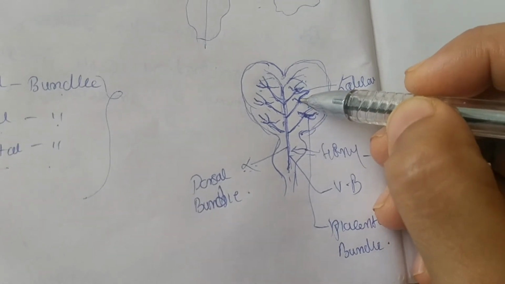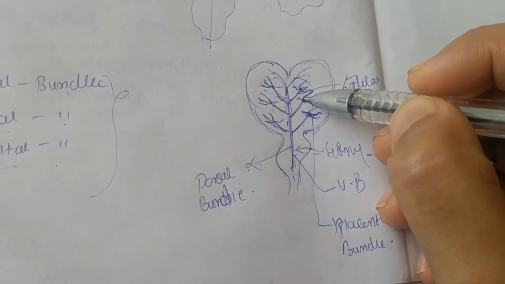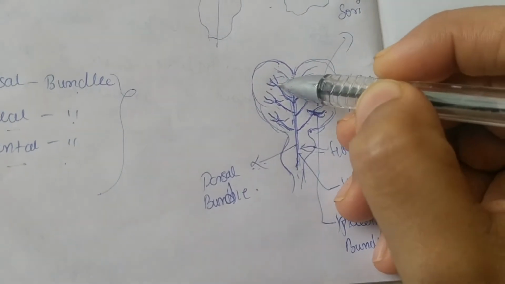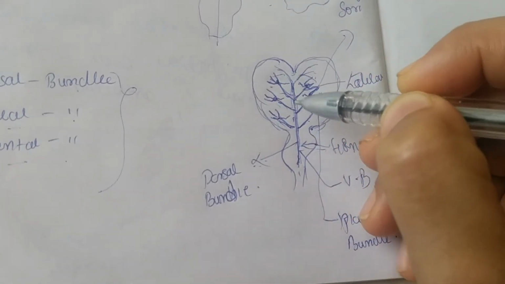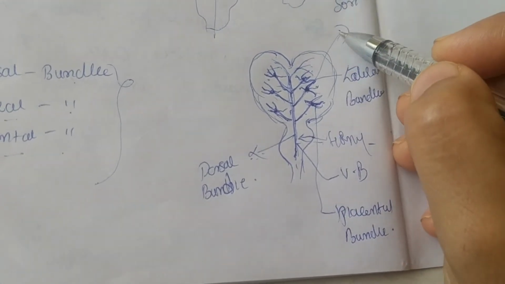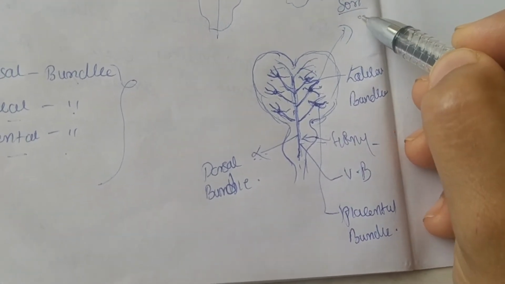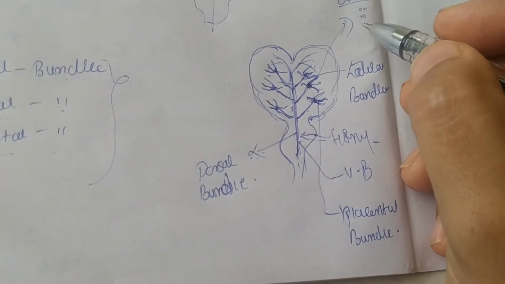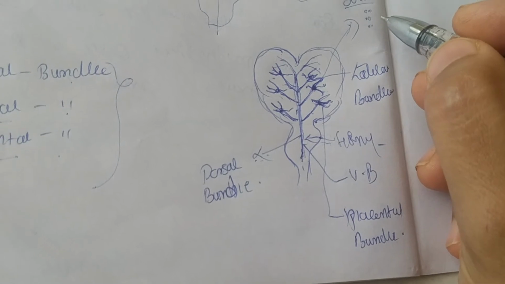What is present in the center of this fork is nothing but sori. The center of the fork contains a round structure. These round structures are nothing but sori. Sori contain what? Spores. Now spores are not placed irregularly.